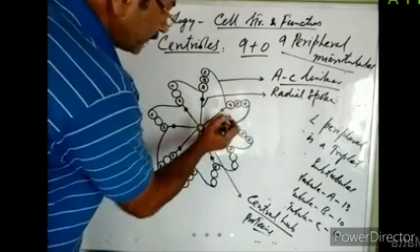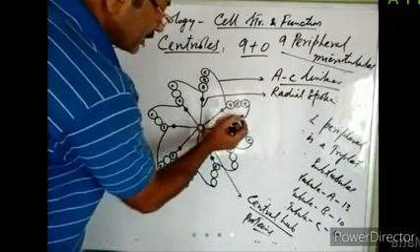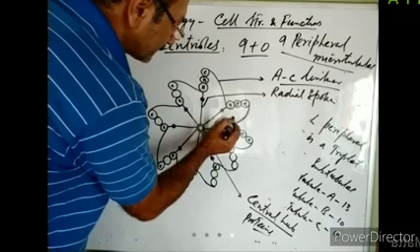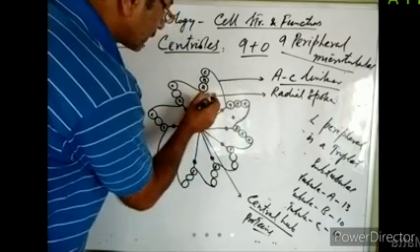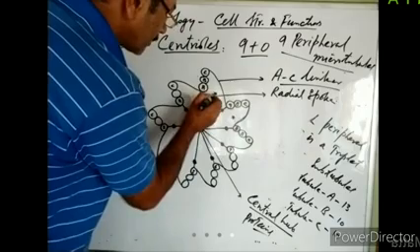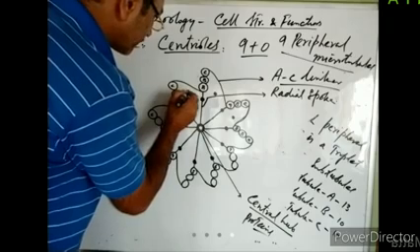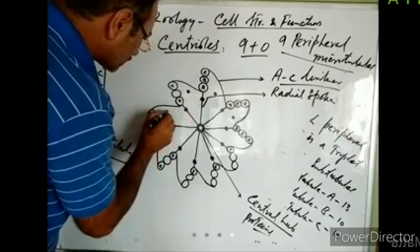In between two adjacent X bodies, just below the AC linker, there is another proteinous thickening. This proteinous thickening, present between two X bodies just below the AC linker, is known as Y body.